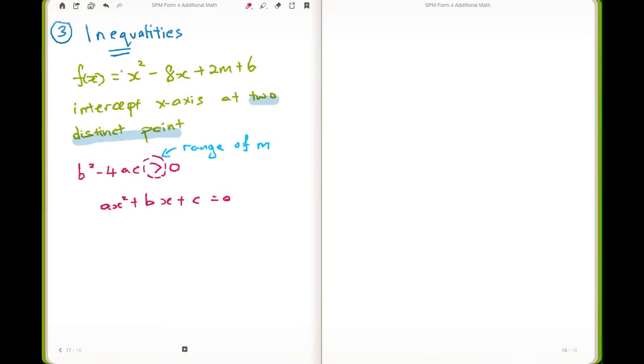My a would be 1. So b squared minus 4ac: b would be -8 squared minus 4a c greater than 0. So you solve this inequality.